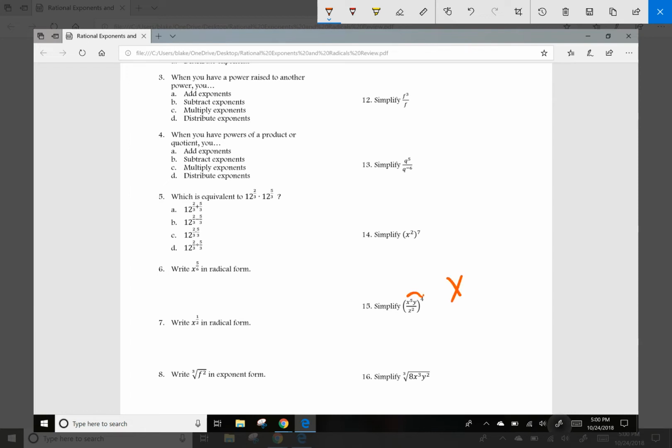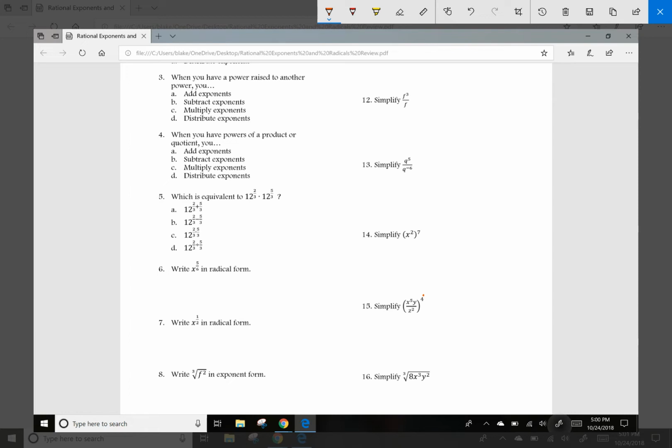So x to the 5th to the 4th power would become x to the 20th. y to the 1st to the 4th power would become y to the 4th. And z to the 2nd to the 4th power would become z to the 8th. So basically, it's the same as the rule that we just looked at, where we multiplied the exponents, but you're multiplying it to all the pieces that are inside there. And that's pretty much it. That's straightforward.